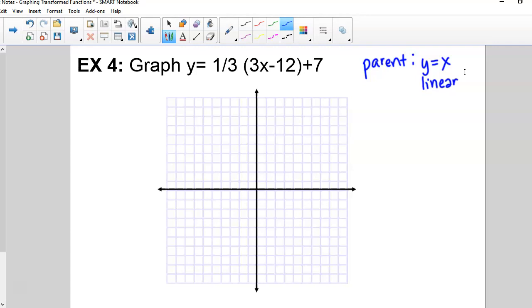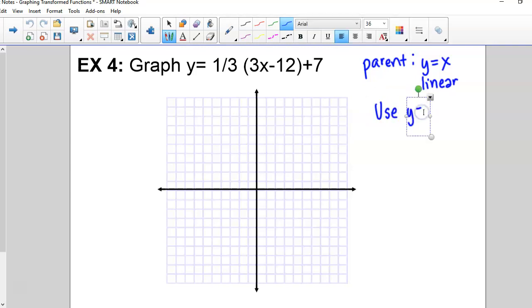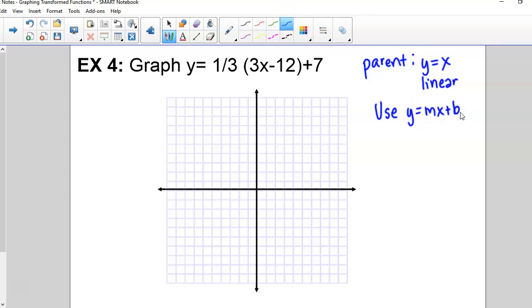Because we know a better way. In Math 1, how did you graph lines? Over and up, and the formula we used was y equals mx plus b, right? Use y equals mx plus b, okay?